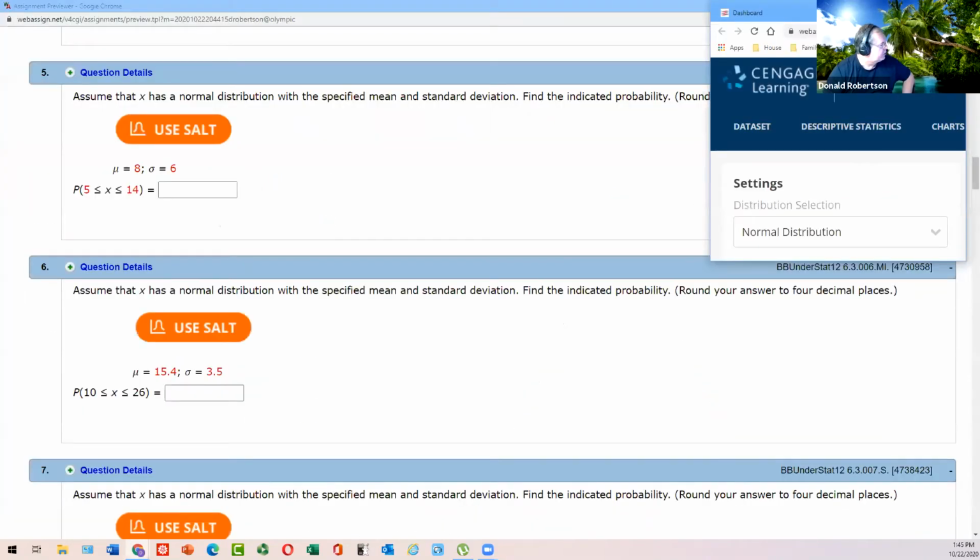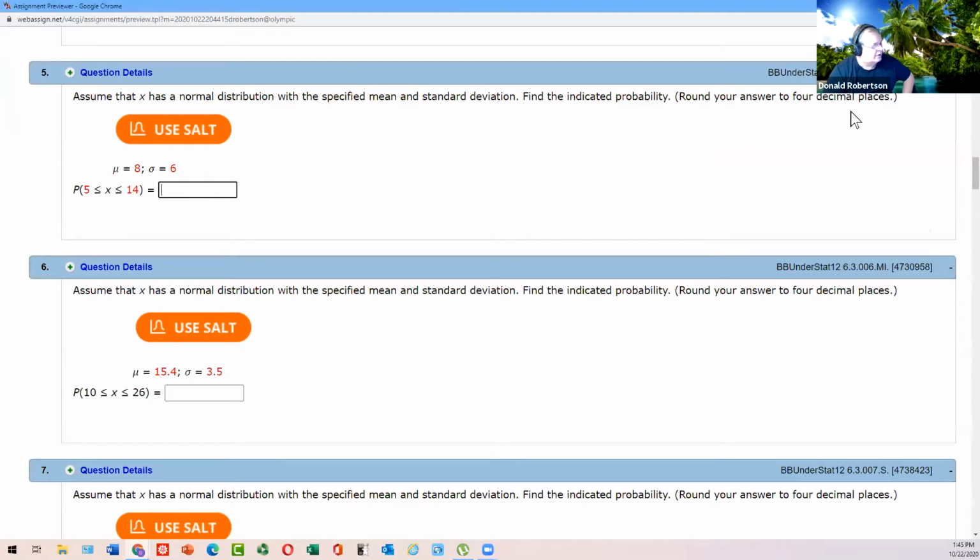And then you go here and you type in to 4 decimal places this time: 0.5328. That's how easy that's going to be. Are you happy that this is very similar to what we've already been doing? The only difference is we have to put in a mean and a standard deviation each time because they keep changing.